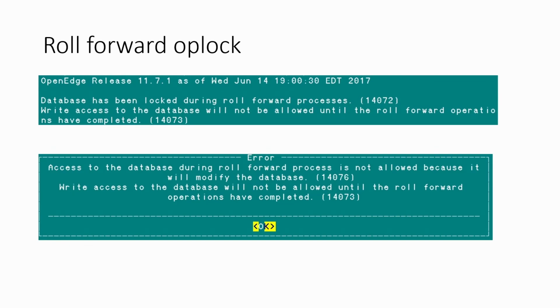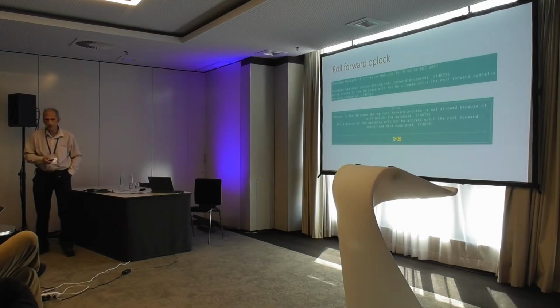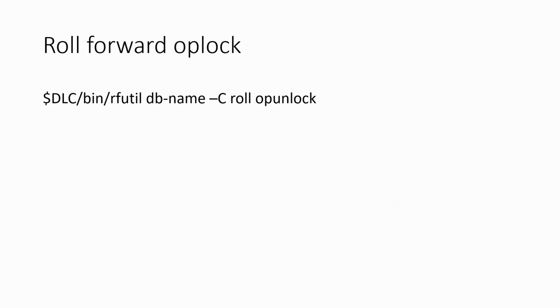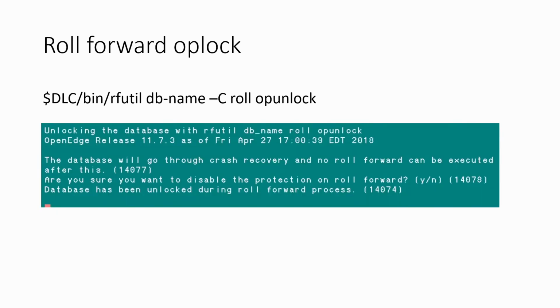If you try to start the server, proserve, it will also give you this error. So basically, your database is locked at this point. If you want to use this database, you use unlock. It will ask you, are you sure? Then you unlock your database and you can use it. That's a very good feature.